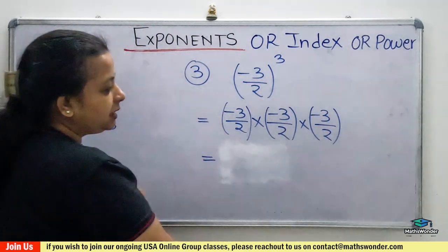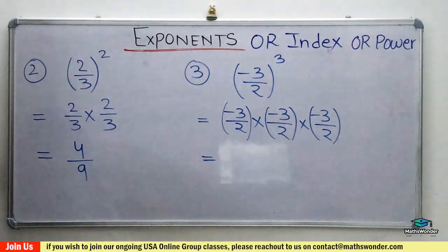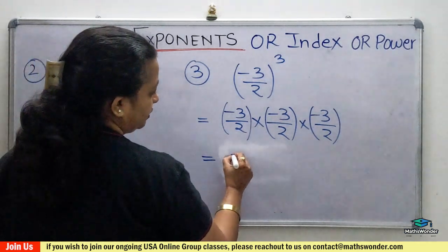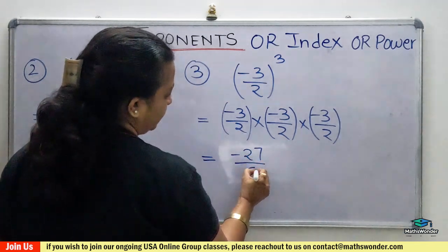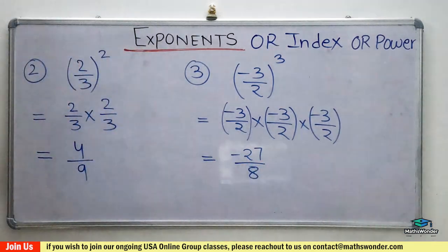Now, numerators multiply by all the numerators, denominators by all the denominators. So 3 times 3 times 3 is negative 27 over 8. Correct, so this is your answer. Understood how you will solve these forms? Yes.